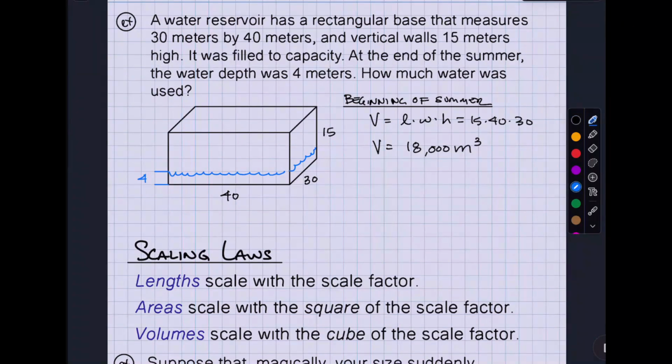And then at the end of summer, how much water was left? 13,000? 40 times 30 times 11. That'd be 1,200. So 4,800? Is that right? Yeah.